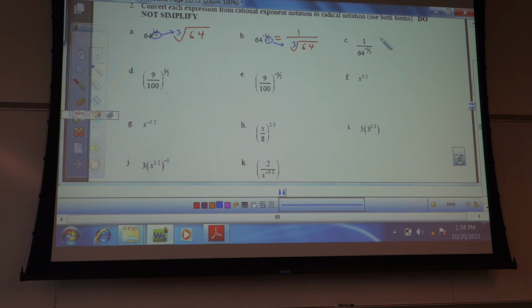This one's also weird. So maybe I simplify this first. Negative exponent on the bottom, I'm going to flip it to the other side and make it a positive exponent. 64 to the 1/3. So everybody write that as a radical. Radical meaning this. Figure out where the pieces go.